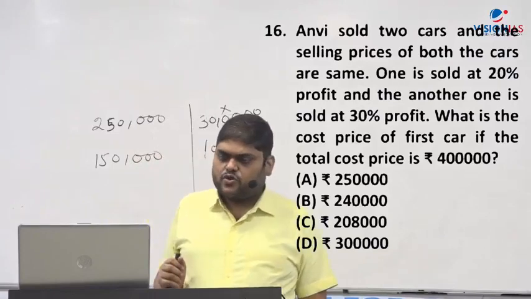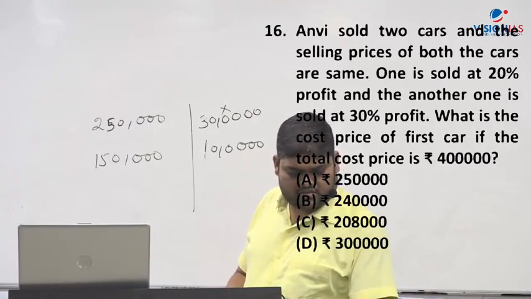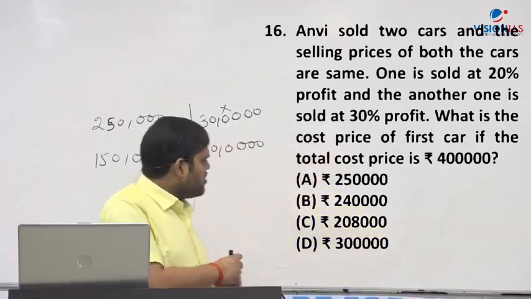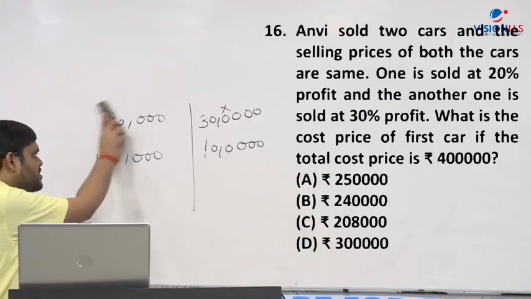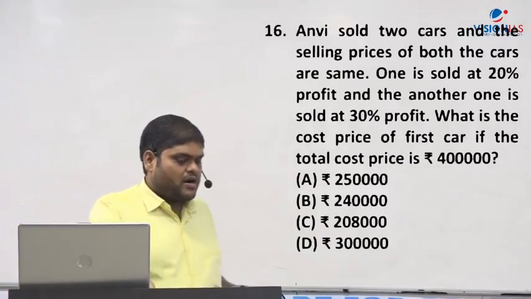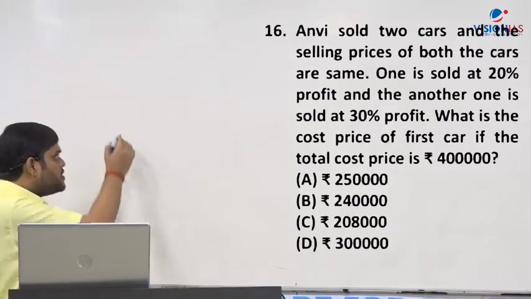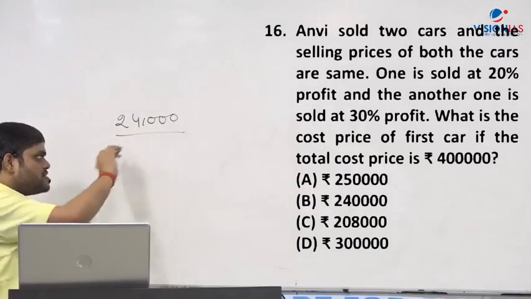The correct answer of question number 16. See, now you can solve the answer. Let's solve it. I thought you would have solved it. Now, A and D are wrong. Option B, 2,40,000.